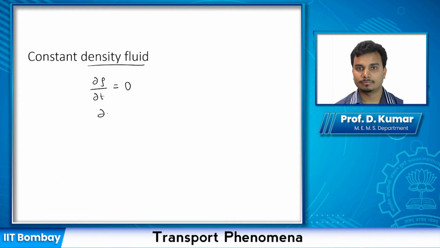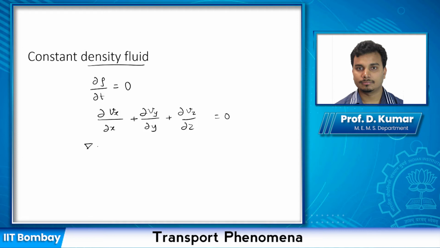So you can write this as dou Vx by dou x plus dou Vy by dou y plus dou Vz by dou z equal to 0.